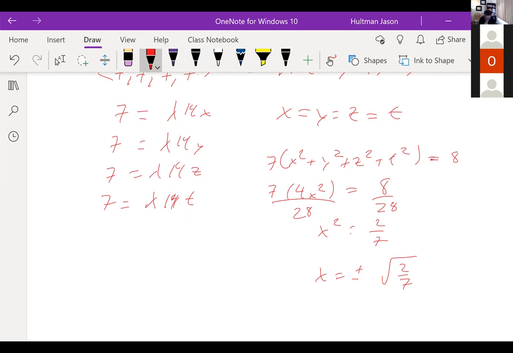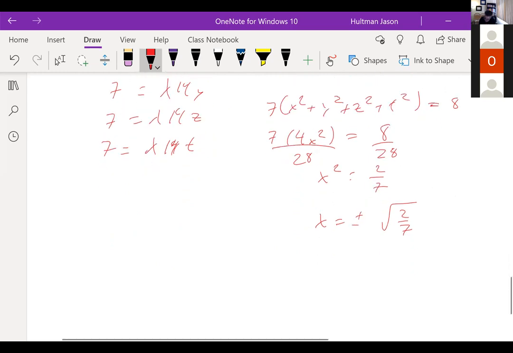Okay. And similarly, y would equal plus or minus radical 2 over 7. z would equal plus or minus radical 2 over 7. And t would equal plus or minus radical 2 over 7. Okay, so now what are we wanting to do?